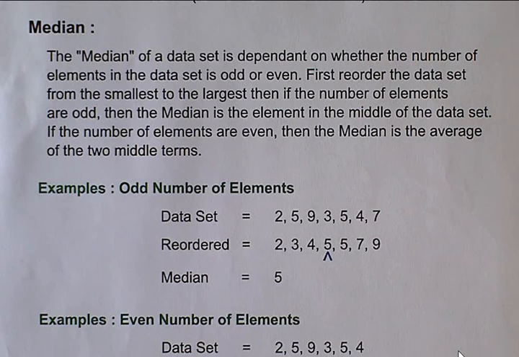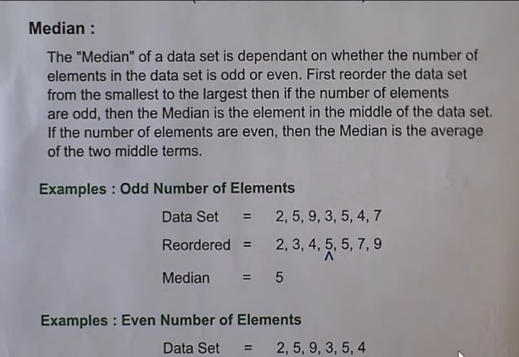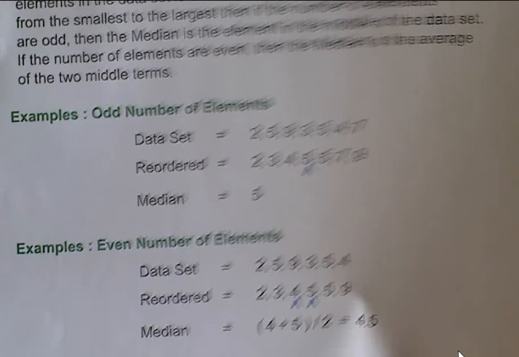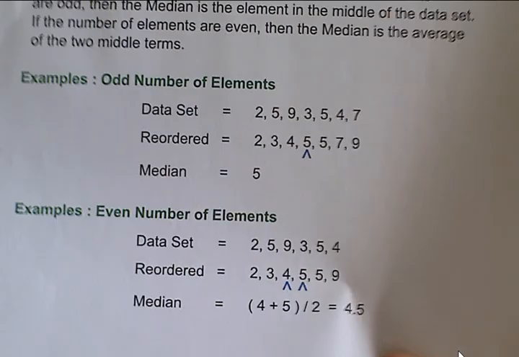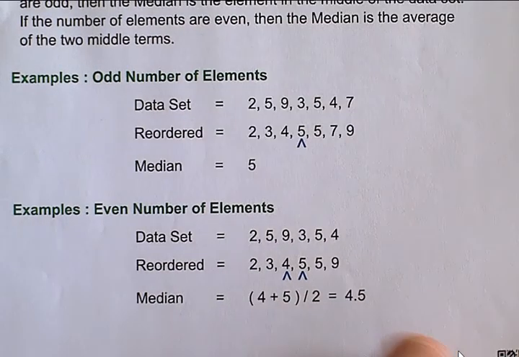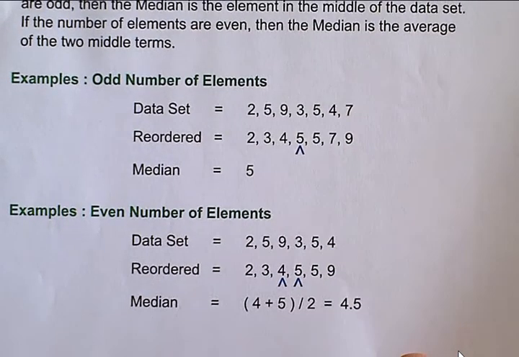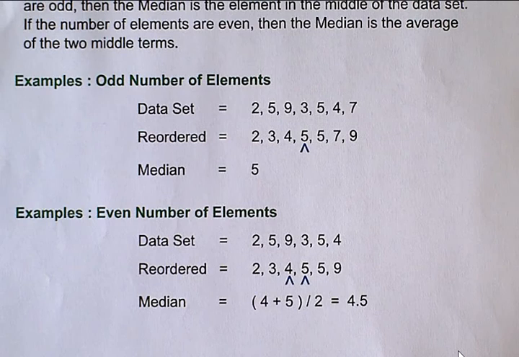Now if the number of elements in the set is even, then there will be two middle values. So like on this set here, they took the numbers, they put them in order, 2, 3, 4, 5, 5, 9. They say there's a 4 and a 5 in the middle.